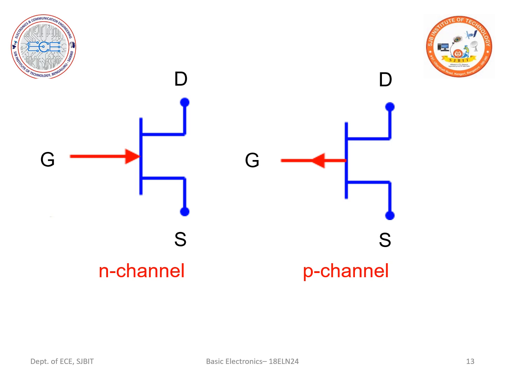These are the logic symbol representations of N channel and P channel. As discussed, for N channel the arrow mark is shown inwards, and for P channel the arrow mark is shown outwards, that is the direction of current.